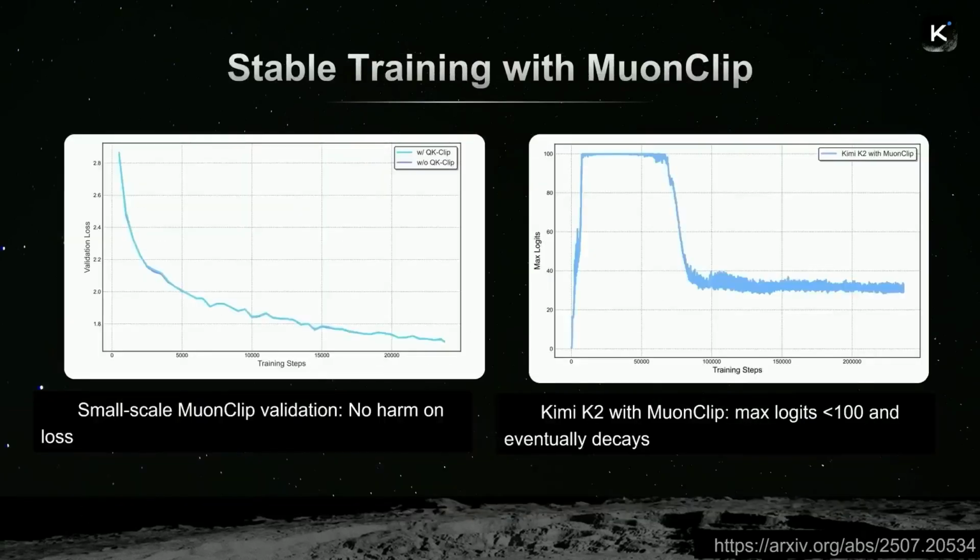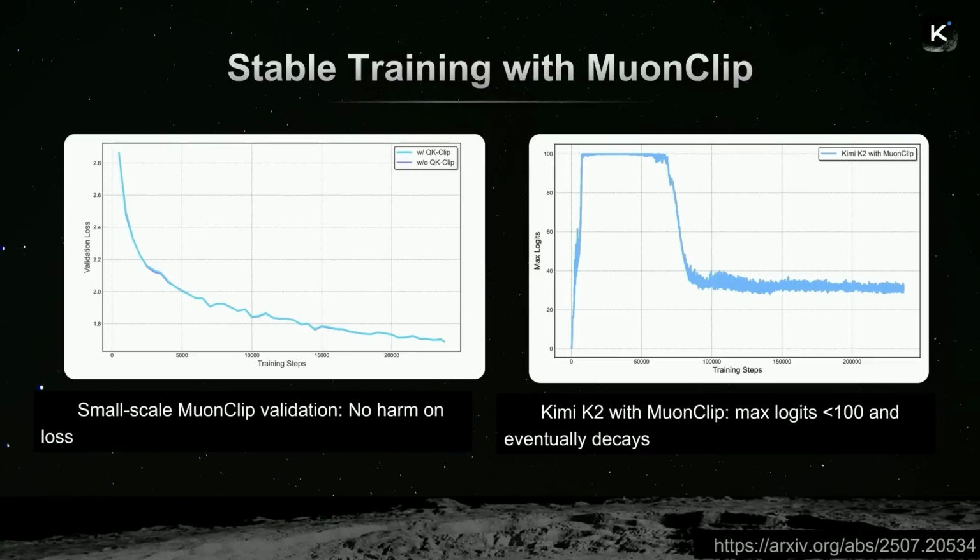These are some of the empirical results. On the left-hand side, there are 2 curves, but they strictly overlap with each other. These are the training curves before and after applying the clipping technique. You can see the clipping technique does not affect the training loss decrease at all. But on the right-hand side, if we inspect the intermediate metric, the max logit, it's effectively constrained.